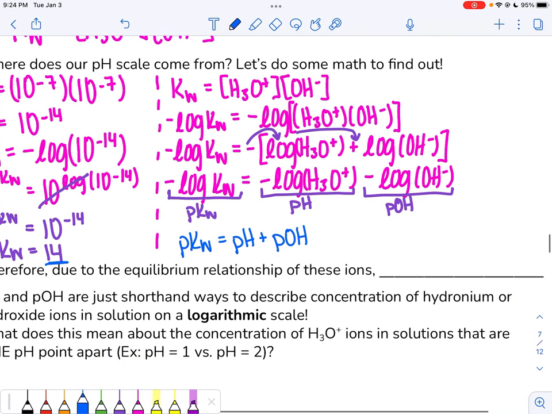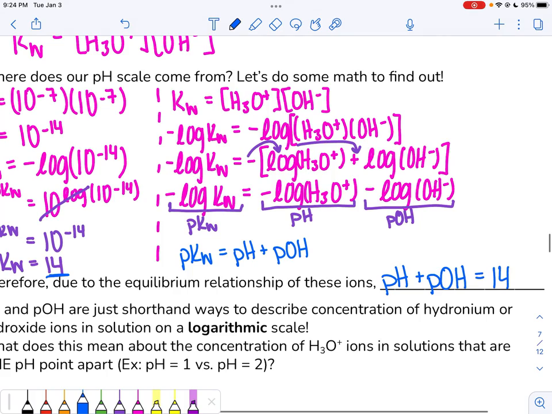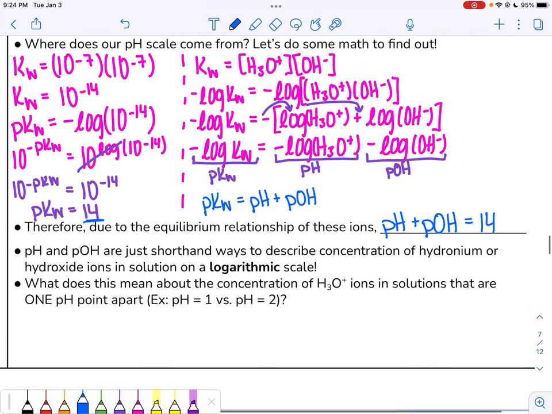We found that pKw has a value of 14. So therefore, due to the equilibrium relationship of these ions, pH plus pOH equals 14. So this is where our pH scale comes from. It's on a 0 to 14 scale because of the definition of the autoionization of water at 25 degrees Celsius.